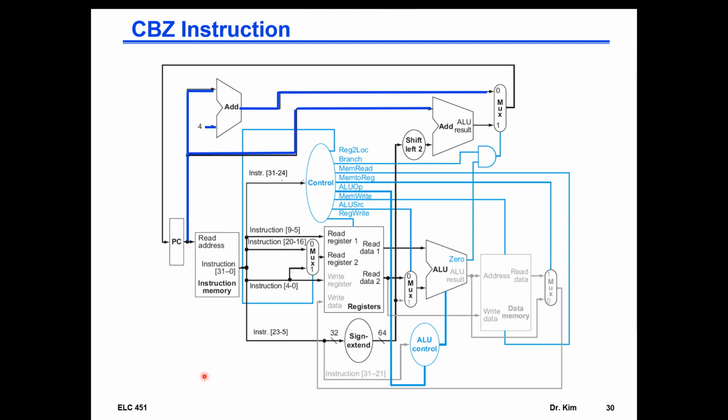For the branch, we're going to have that address of the program counter that we're going to calculate the next address as if we're not going to take the branch, but we also are calculating the branch target. We're going to be calculating that from the program counter plus this value over here that we're going to construct from the immediate field.